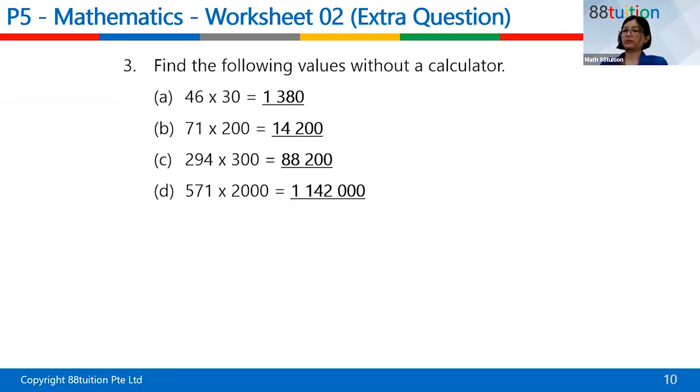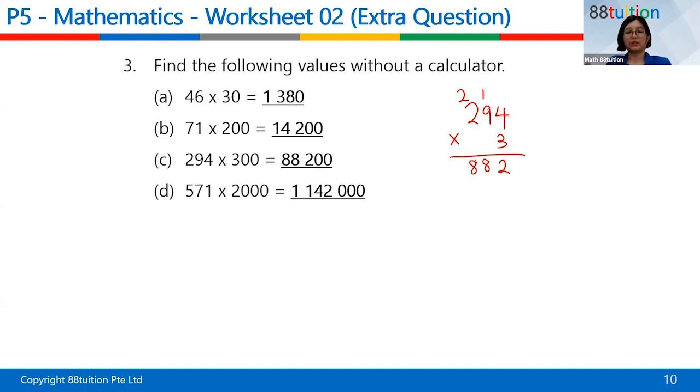Come, let me do the working together. 294 times 3. 4 times 3 is 12. 9 times 3 is 27. 27 plus 1 is 28. 2 times 3 is 6. 6 plus 2 is 8.